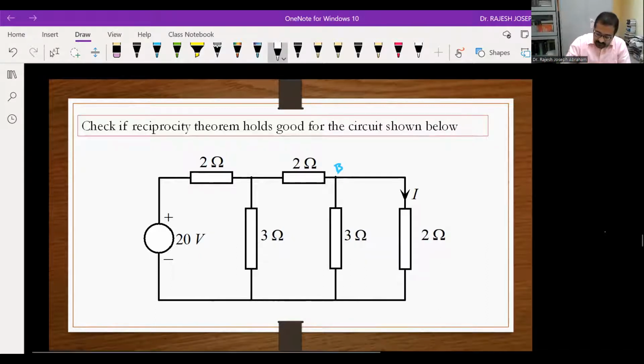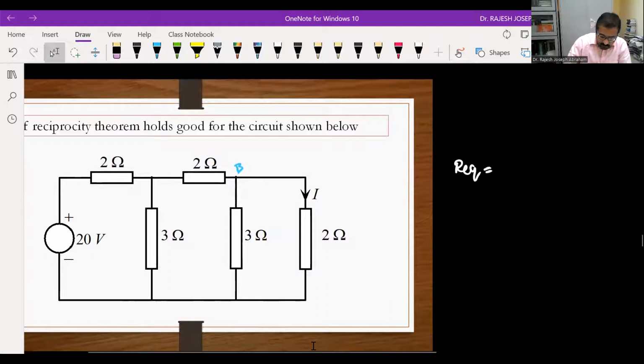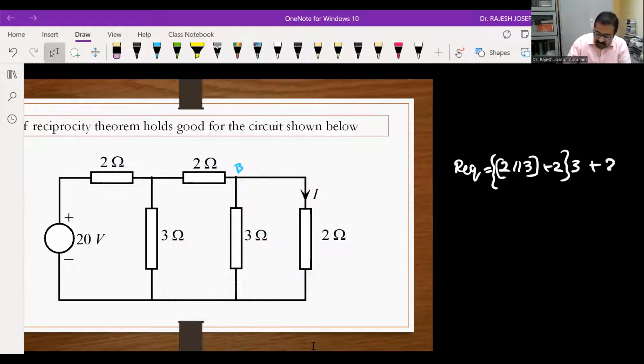Okay, so let me write it here. R equivalent will be 2 parallel 3, plus 2, and that will be again in parallel with 3, and then in series with 2. So that means 6 by 5 plus 2, parallel 3, the whole combination, plus 2.